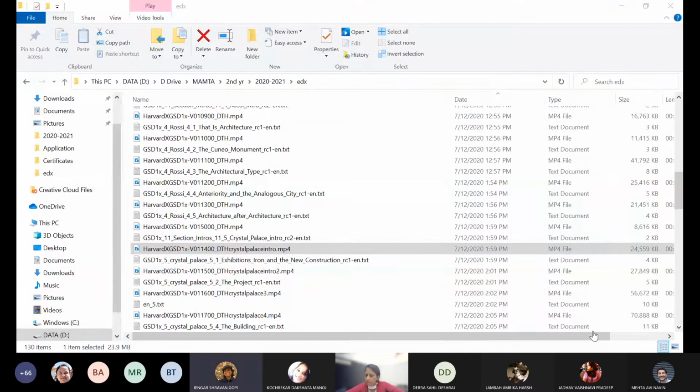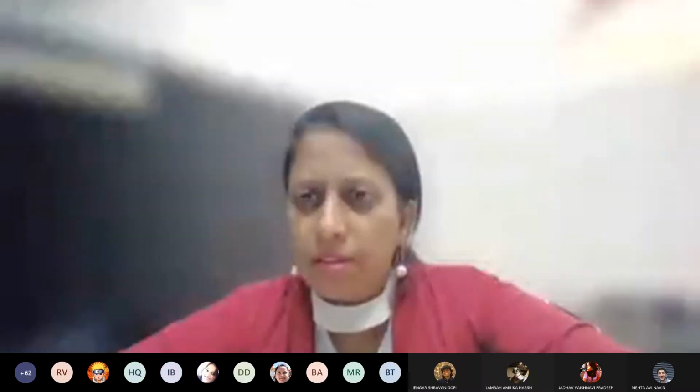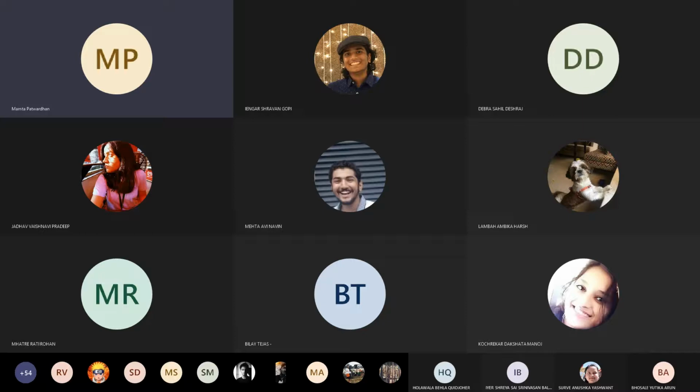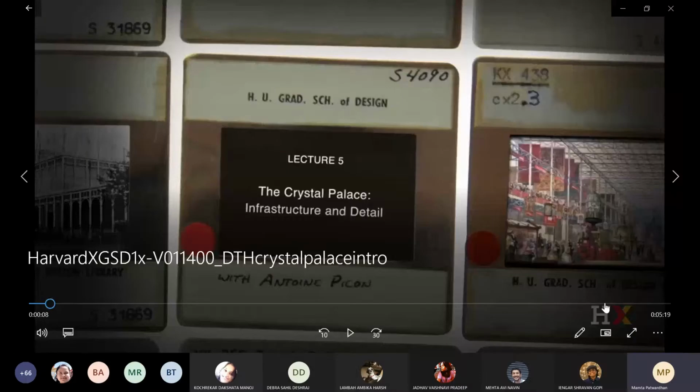I can hear the audio, but I can't see anything beyond the file explorer. Okay, I'll share it again. Now can you see the screen?